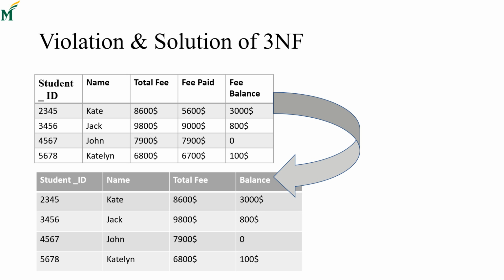There are student ID, name, total fee, fee paid, and fee balance in the given table. There are three columns illustrating the information of fee. Two columns will tell about the other information. So, dropping one column from the above table gives us a solution and allows for the third normal form.